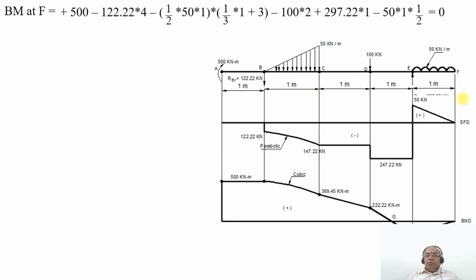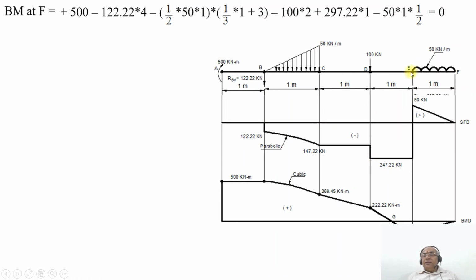So here we got both the shear force and the bending moment diagram. Plus 500 minus 122.22 into 4, minus half into 50 into 1 into 1 by 3 into 1 plus 3, then minus 100 into 2 plus 297.22 into 1 minus 50 into 1 into 1 by 2, again becomes 0.